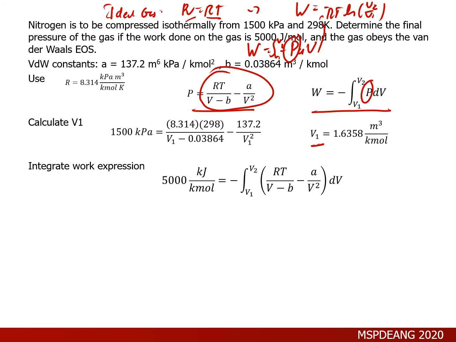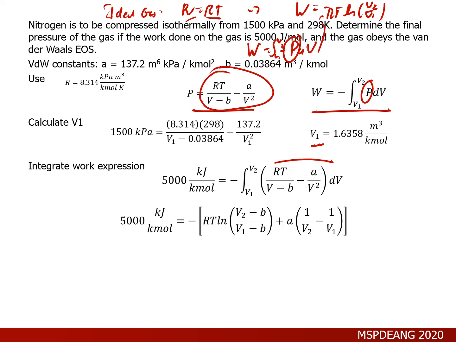So 5,000 kilojoules per kilomole is equal to negative integral of P dV, where P is this whole expression. Okay, in terms of the volume na lang, okay, T and A are constants kasi T is constant kasi isothermal yung expression natin. Okay, so from here, para ma-solve si V2, integrate muna natin to. Okay, so integrating, you can get the following expression. Alright, so you can now just shift solve for V2.